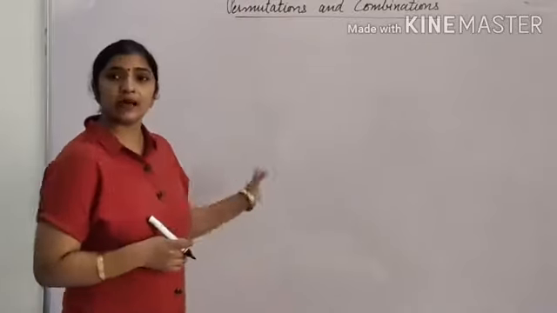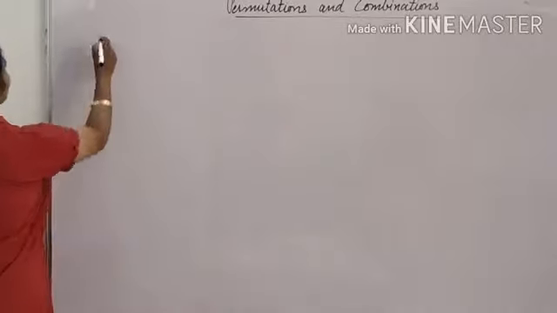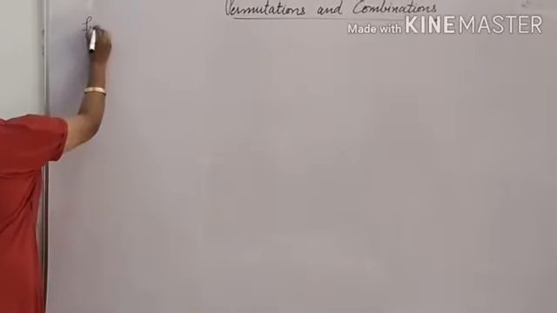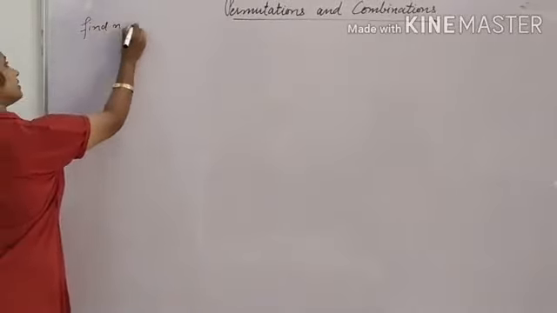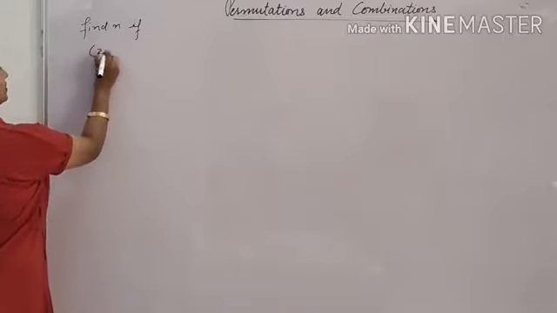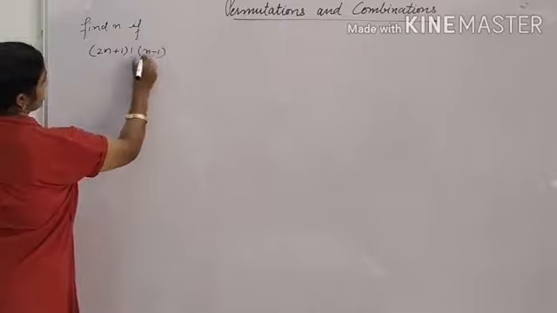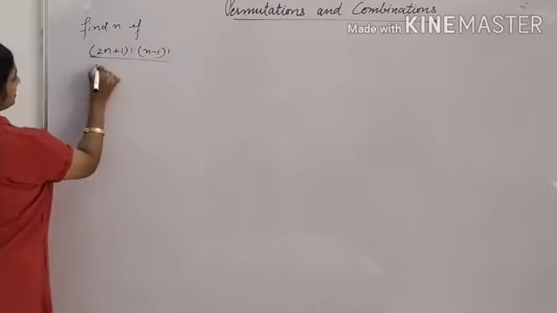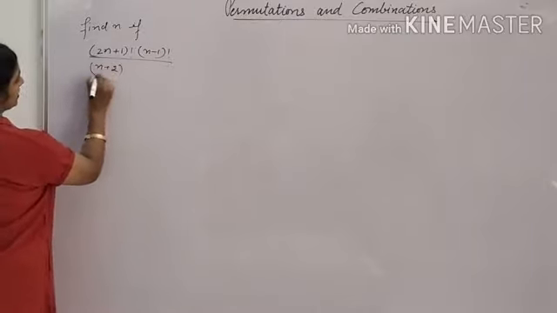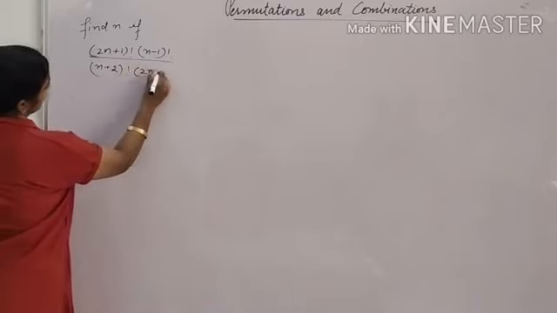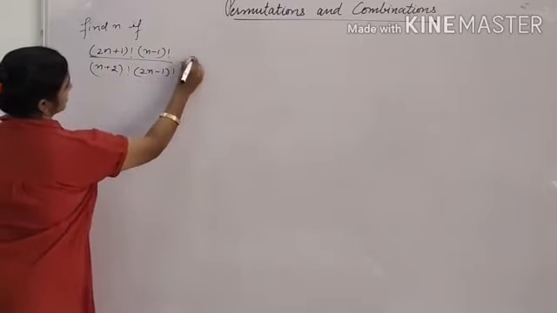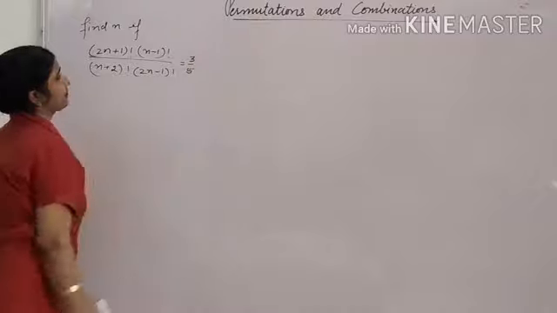Let's take one more example of the same type. Find n if 2n plus 1 factorial, n minus 1 factorial, divided by n plus 2 factorial, 2n minus 1 factorial is 3 by 5.